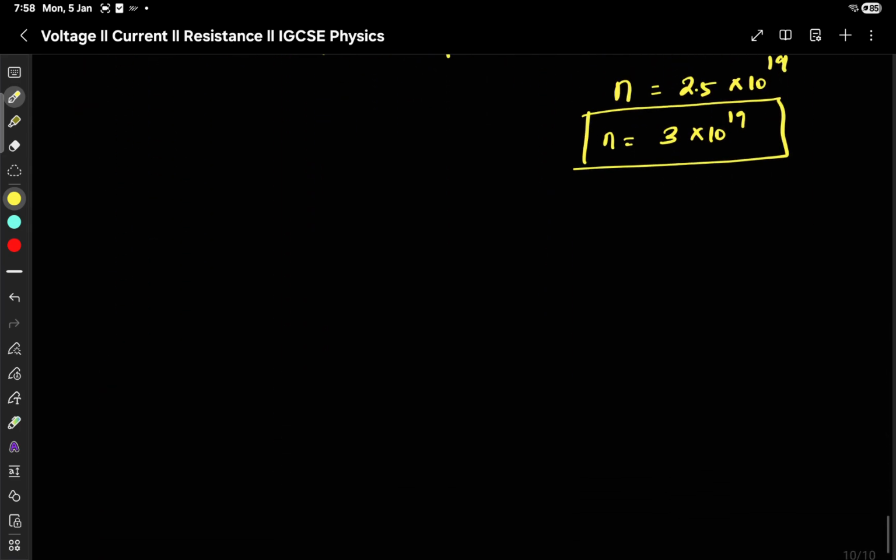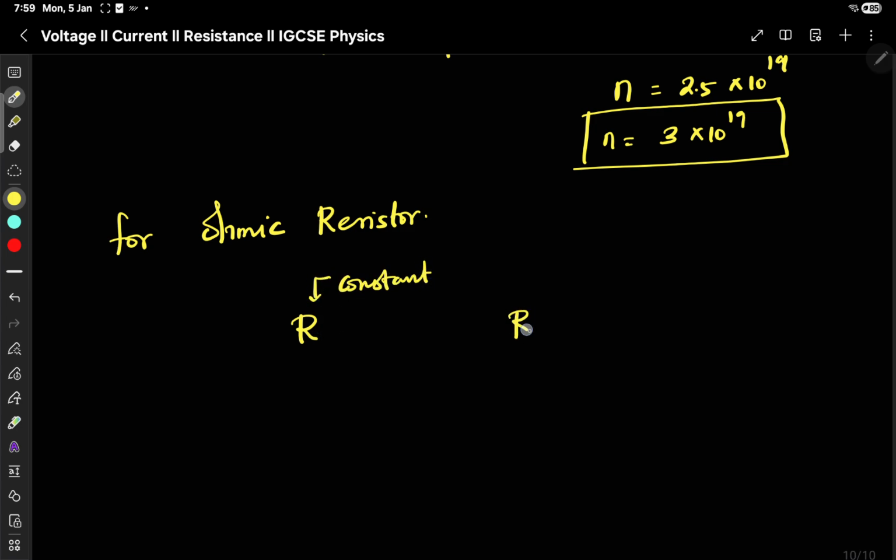For an ohmic resistance, or resistors, R is always constant. So we can say that R is equal to V by I, so V and I are proportionally increasing or decreasing.